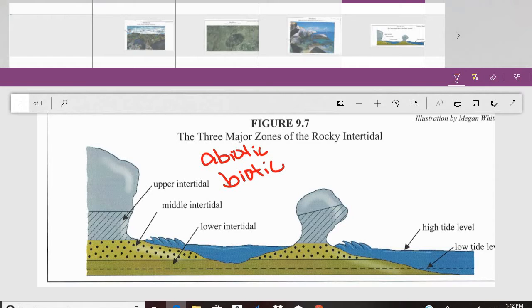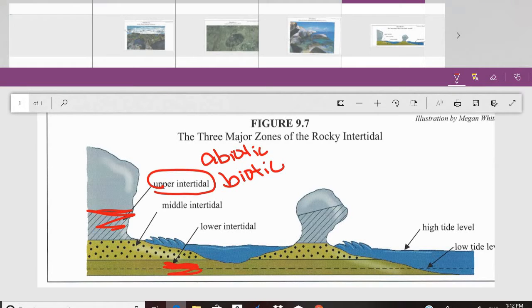And they're going to be different. The abiotic factors faced by the upper zone are going to be different from the abiotic factors dealt with by a lower intertidal area. And the same thing is true of biotic factors.